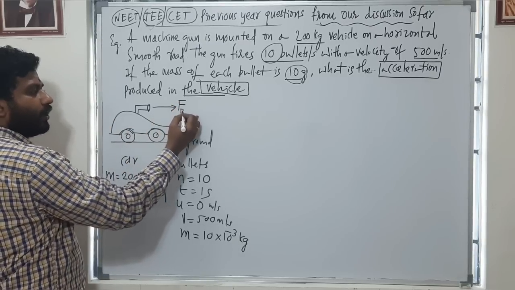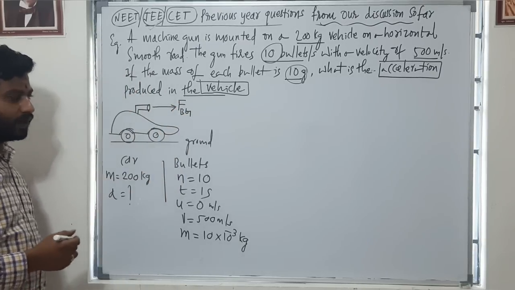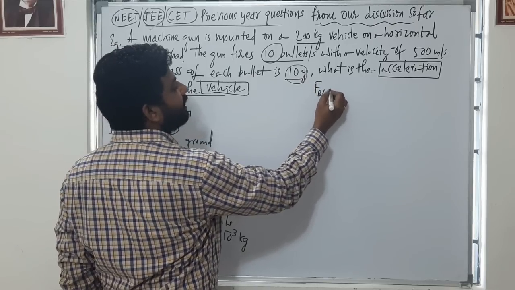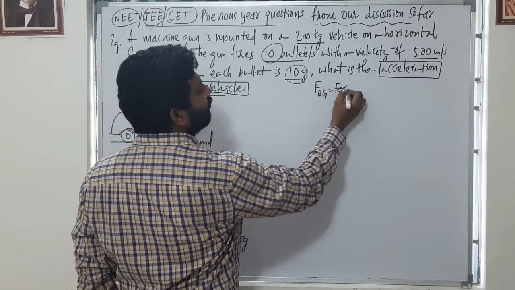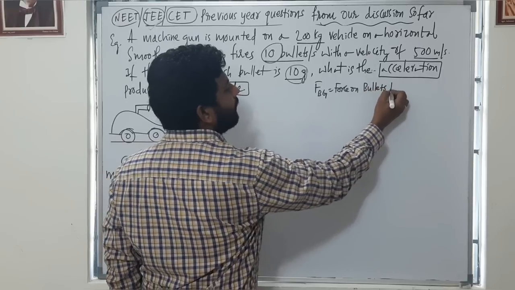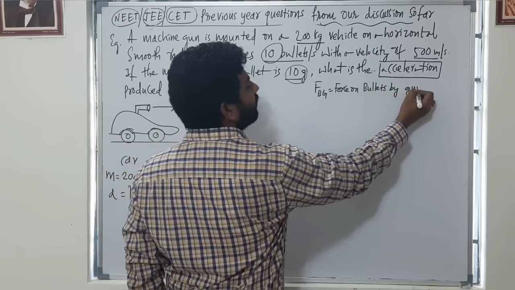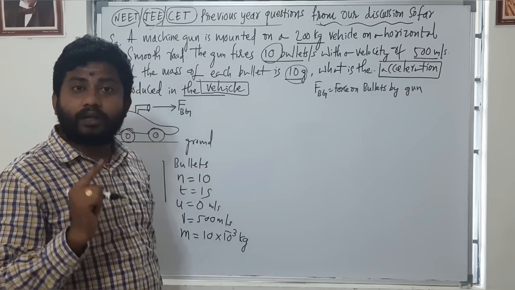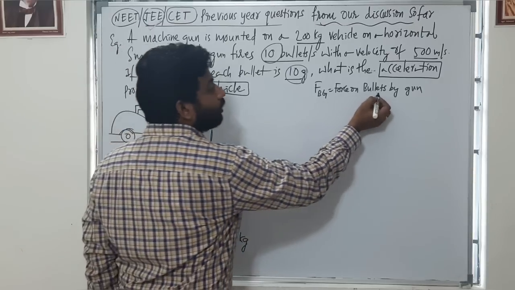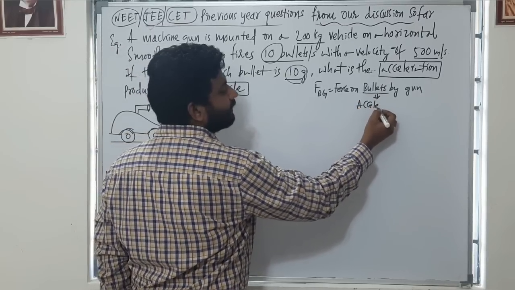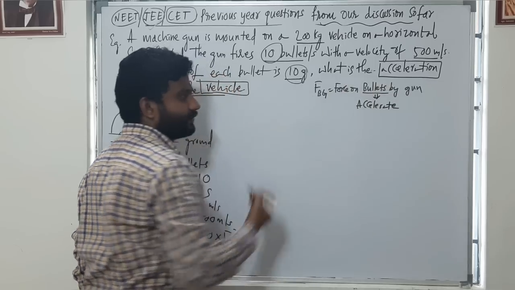Force on the bullets by the gun, F suffix BG, force on bullets by the gun. Here, which body will accelerate? Gun or bullet? Force is acting on bullets, so these bullets will accelerate. Clear? These bullets will accelerate.